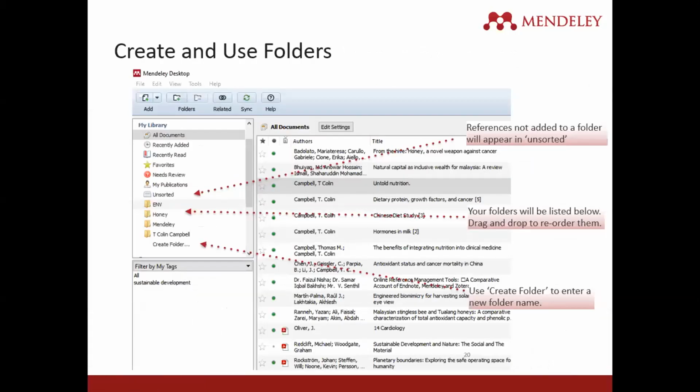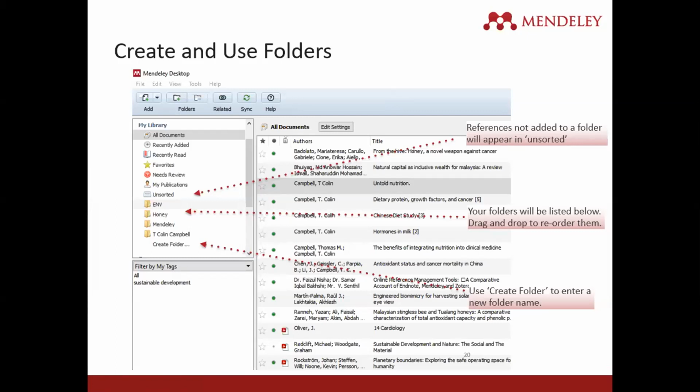Then after that, you can start to organize your folders so that you can easily locate your documents in your library. Sometimes you save too many documents. If the documents haven't been added to any particular folder, they will be displayed under Unsorted.